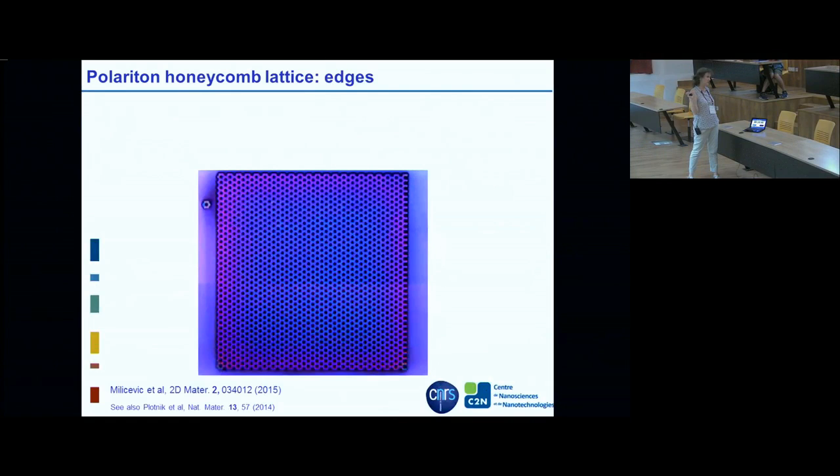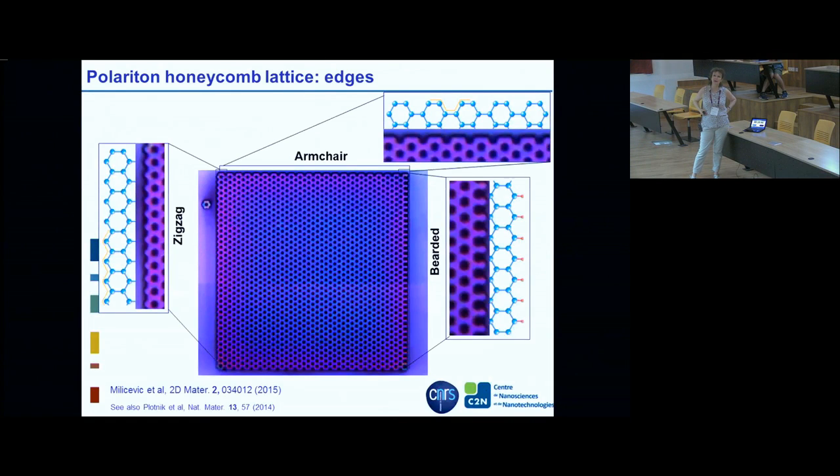What we can also do is engineer the edges and look at edge states. So actually in this artificial graphene, there are 4 kinds of edges. Like in real graphene, we can engineer zigzag edges or armchair edges.